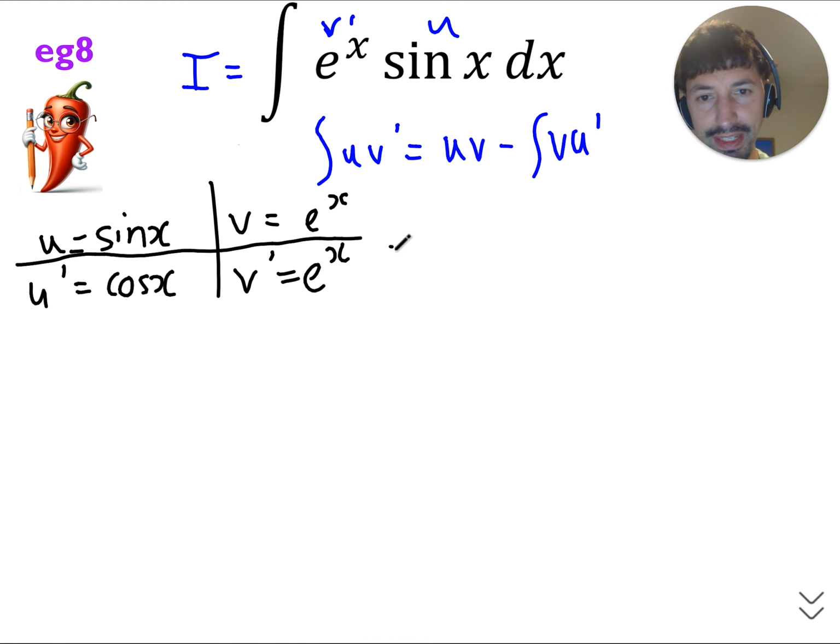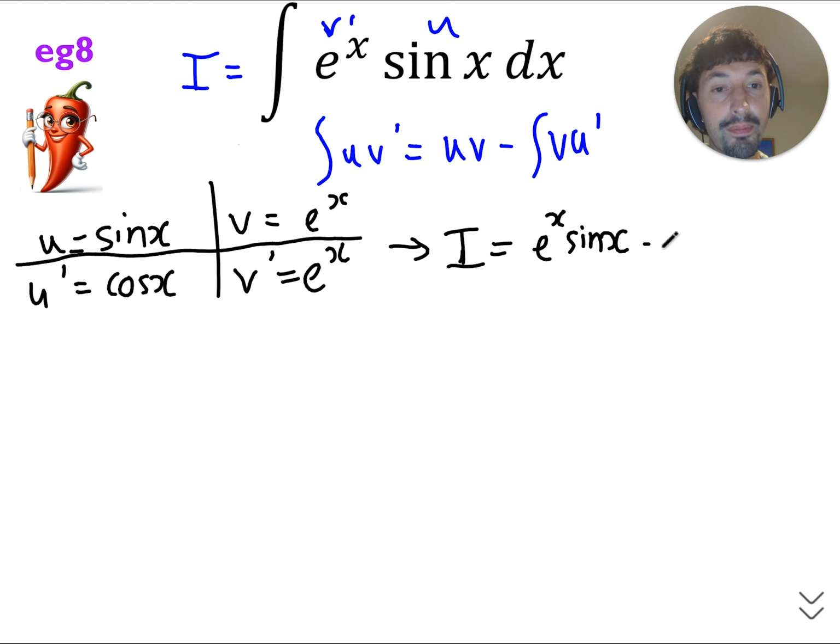So let's put these into our formula. So the integral is going to become uv, so e to the power of x times sine x, minus, subtract the integral of v u dash, so e to the power of x cos x dx.